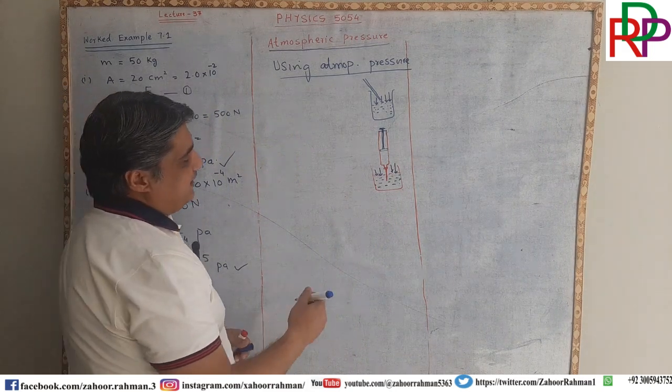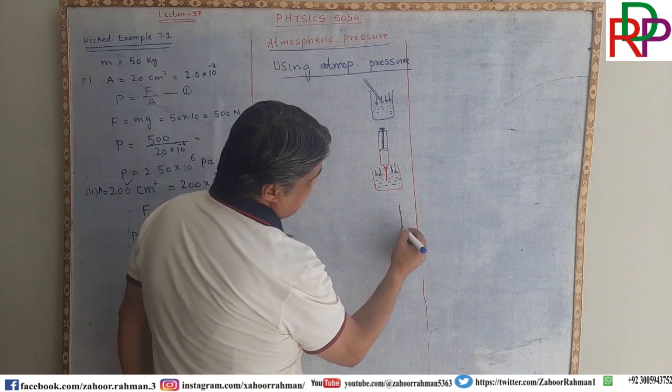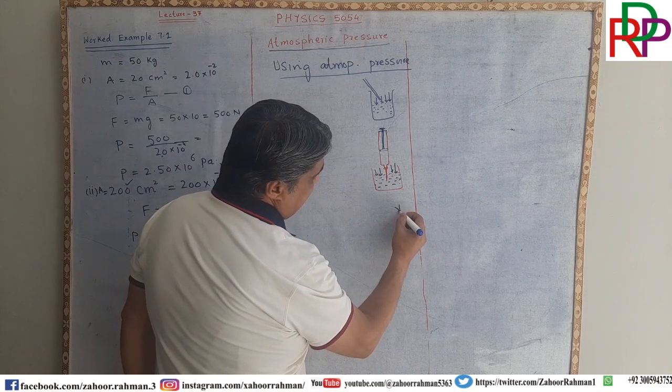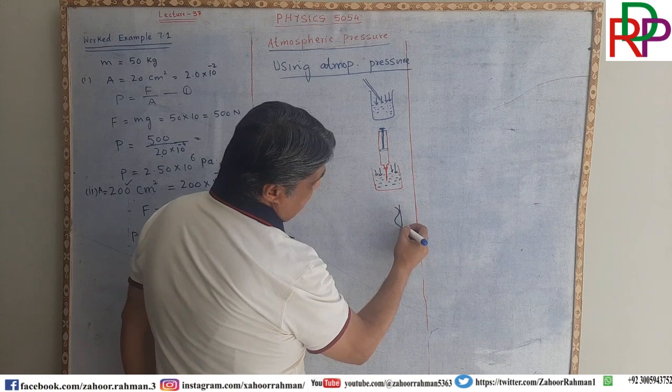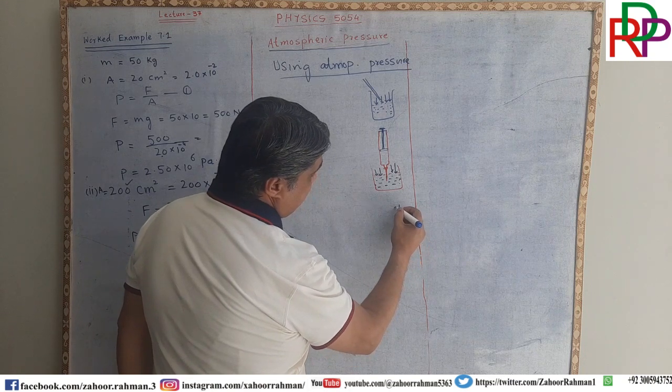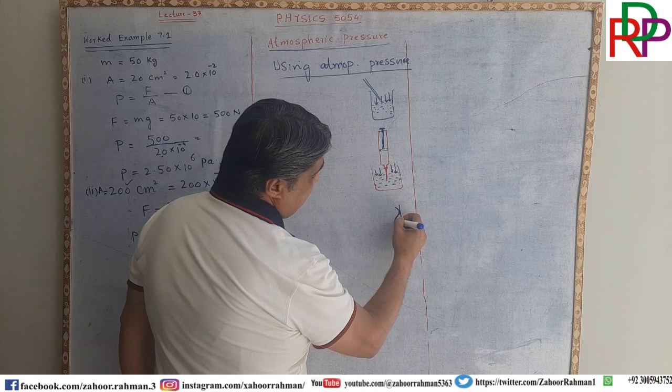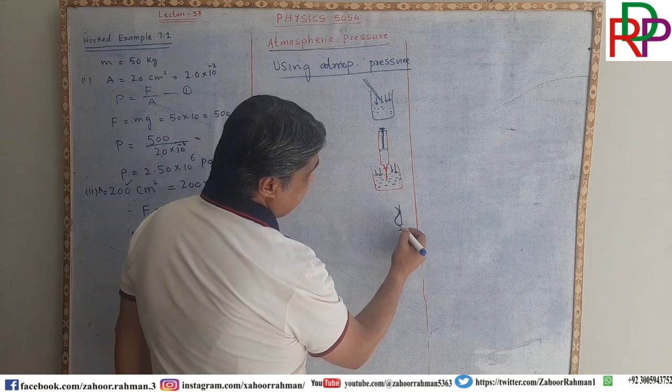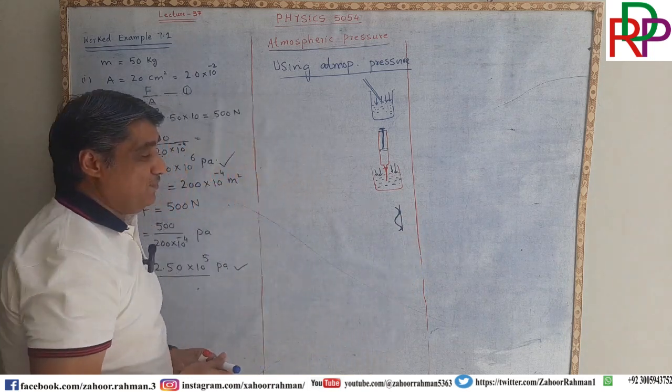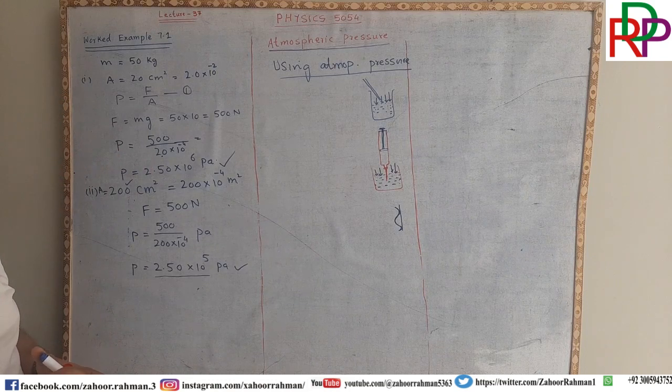Now we are giving you the third example, and in the third example we are using the rubber hanger in which we are hanging clothes at homes.